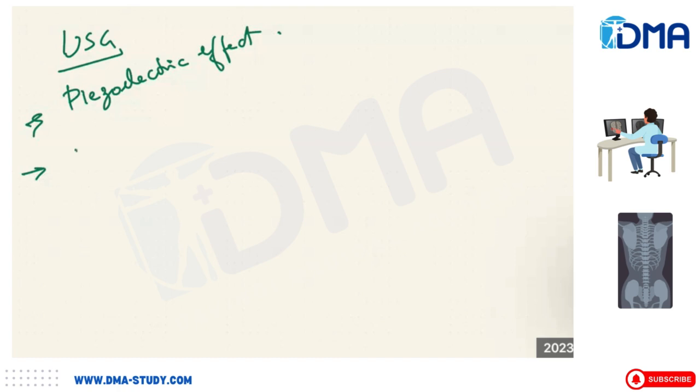Then you have this A mode. A mode in ultrasound is an amplitude mode which is used for biometry in the eyes as well as intraocular lens power calculation.